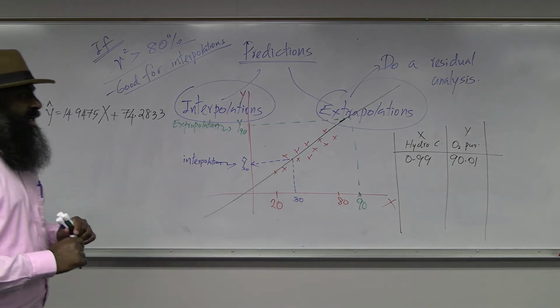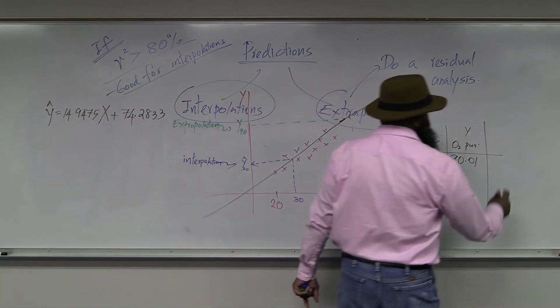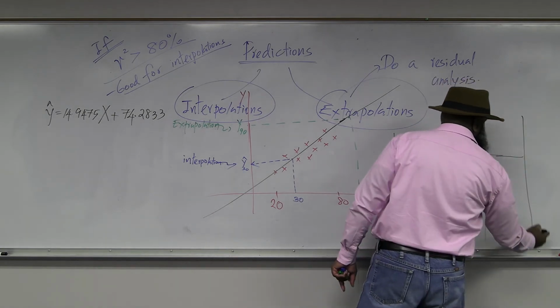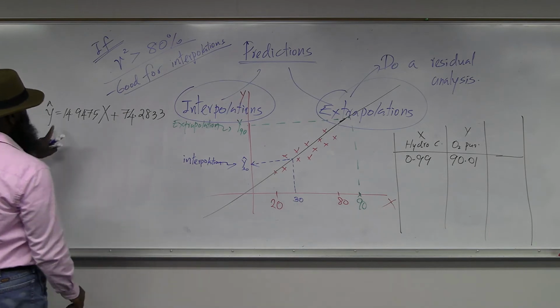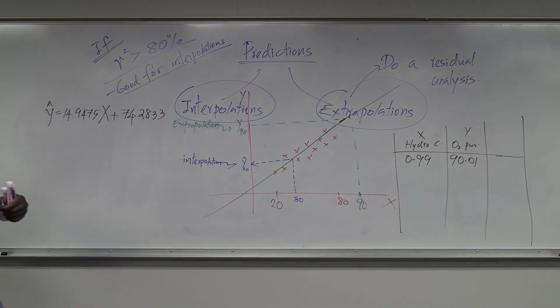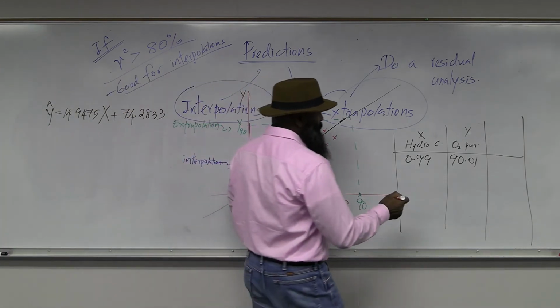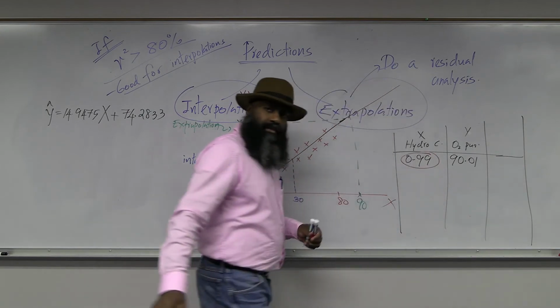Now, like I said earlier, we can figure out a y hat value. So the y hat value is given by this equation. Now, y hat, let's do that calculation for x equals 0.99.